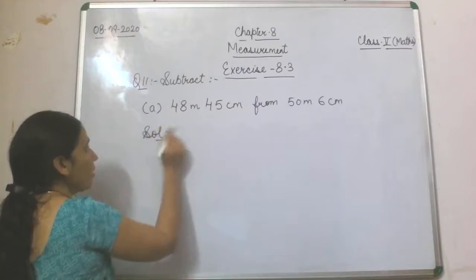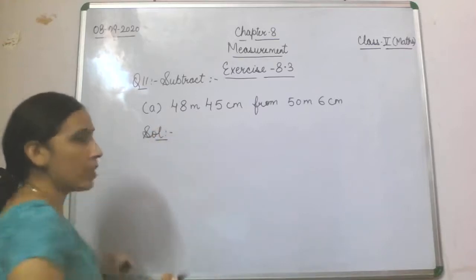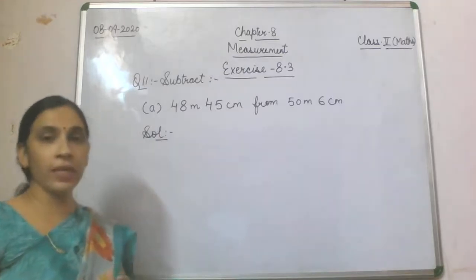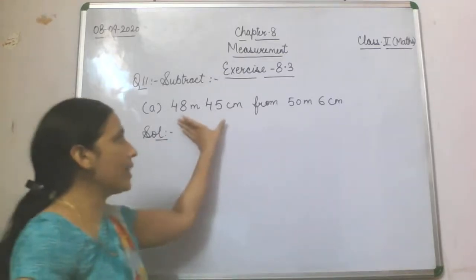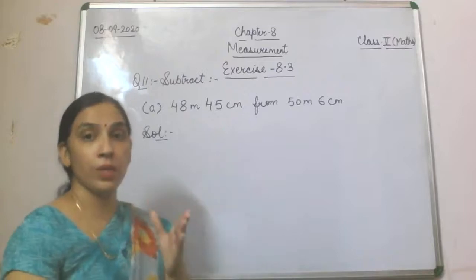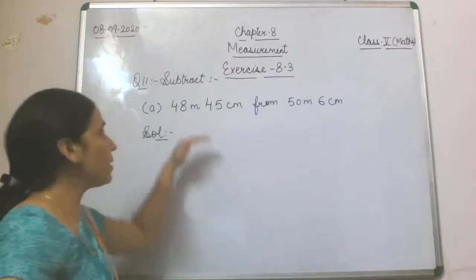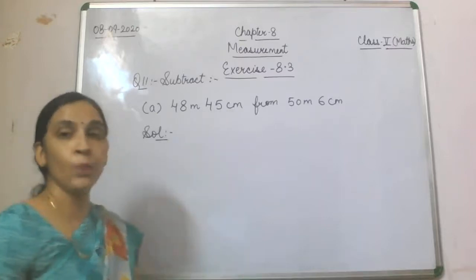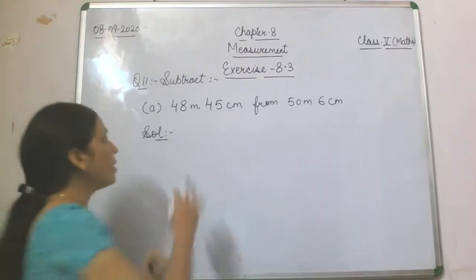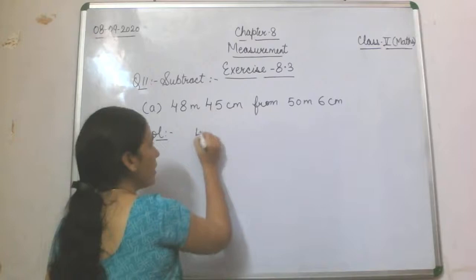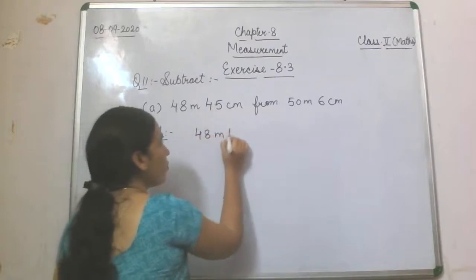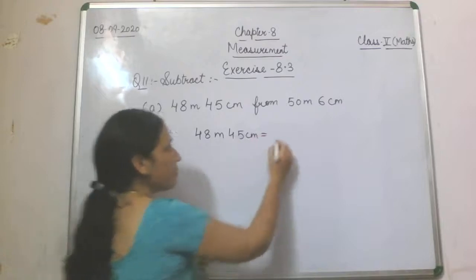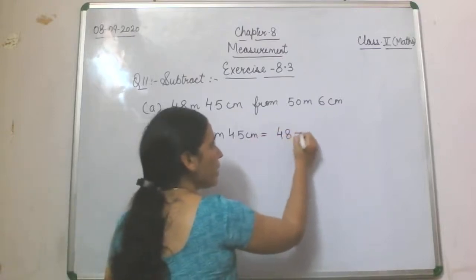Here one length is given in meter and another in centimeter. We will convert the given length into the bigger unit. Meter is the bigger unit, so we will convert this meter and centimeter into meter itself. For 48 meter 45 centimeter, the 48 will remain like that.